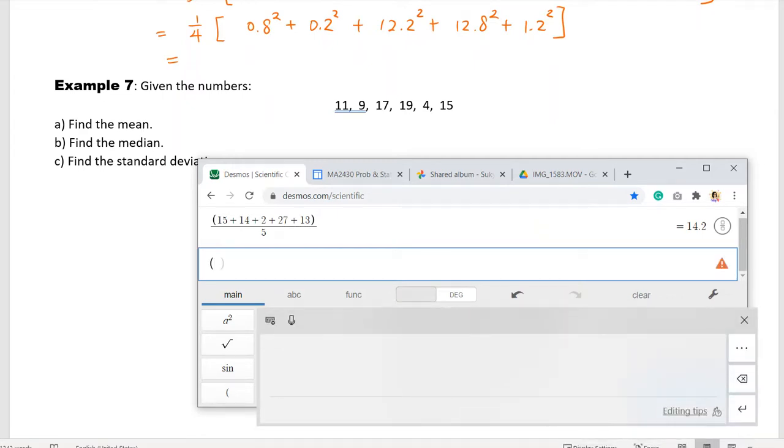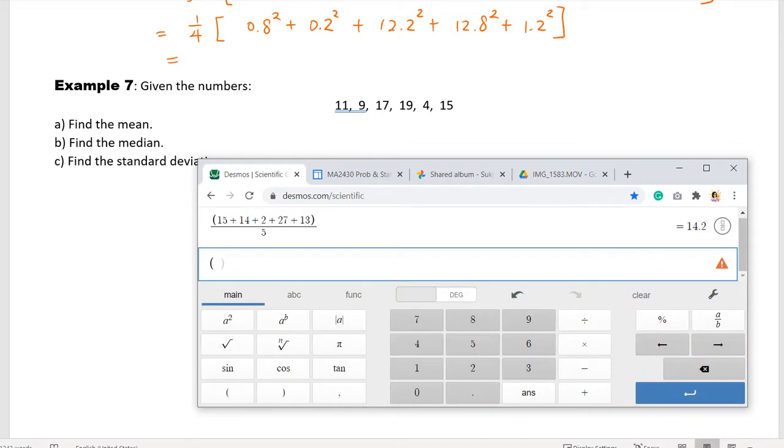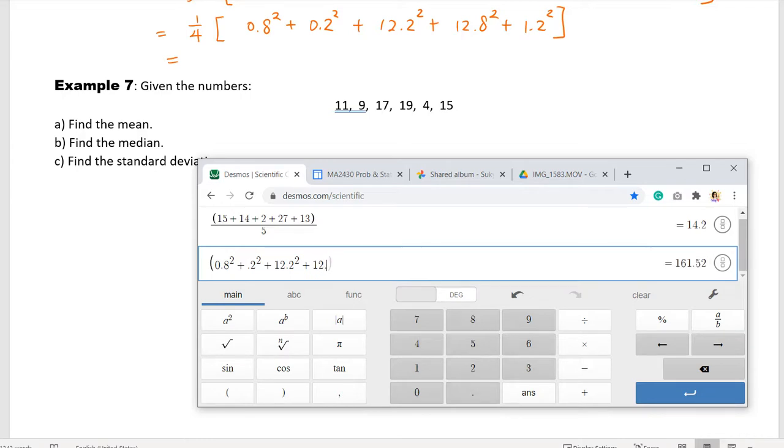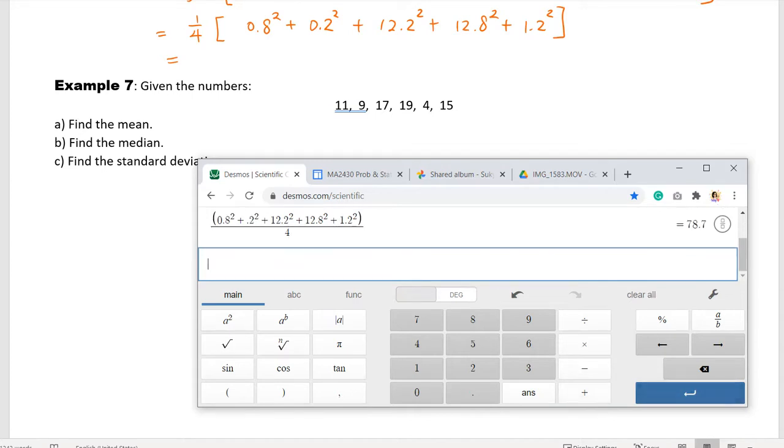Parentheses, and then we have 0.8 squared plus 0.2 squared plus 12.2 squared plus 12.8 squared plus 1.2 squared, close parentheses, divided by 4. Okay, 78.7.